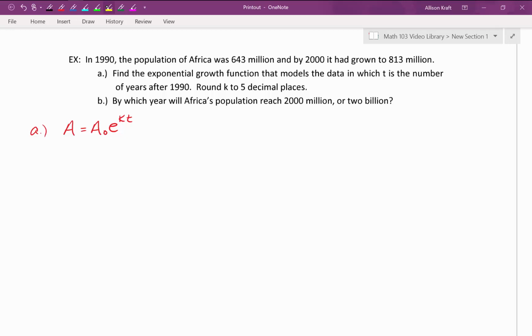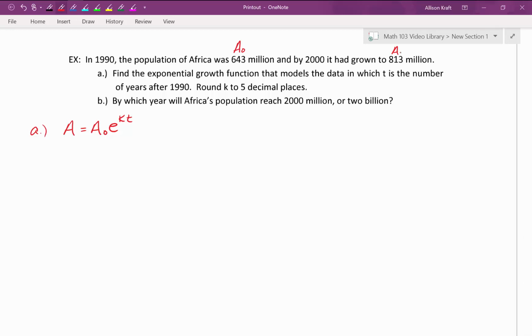So let's see what information we were given. In 1990, the population of Africa was 643 million. So that's our initial amount, our A sub 0. By the year 2000, it had grown to 813 million. Well, this is our A, our amount at time t. Well, what's time t?